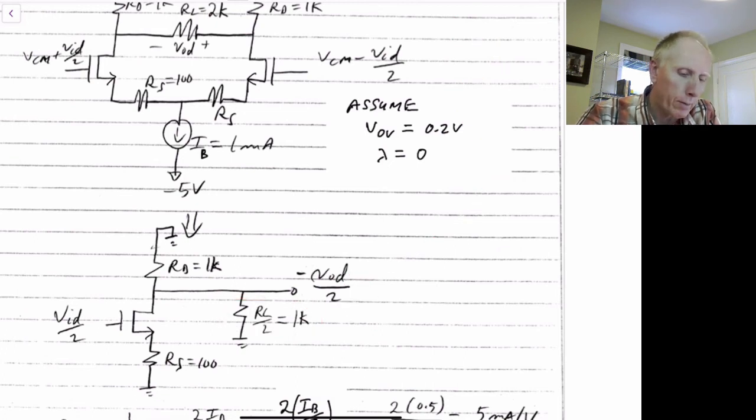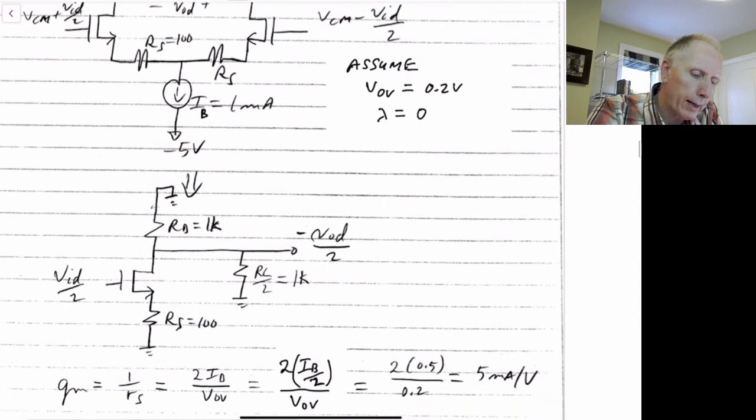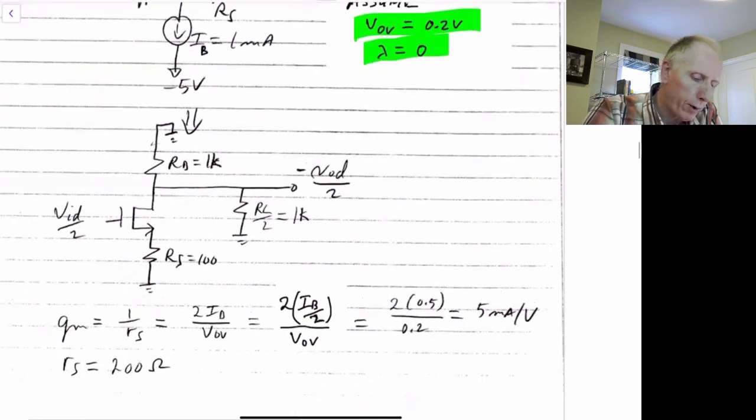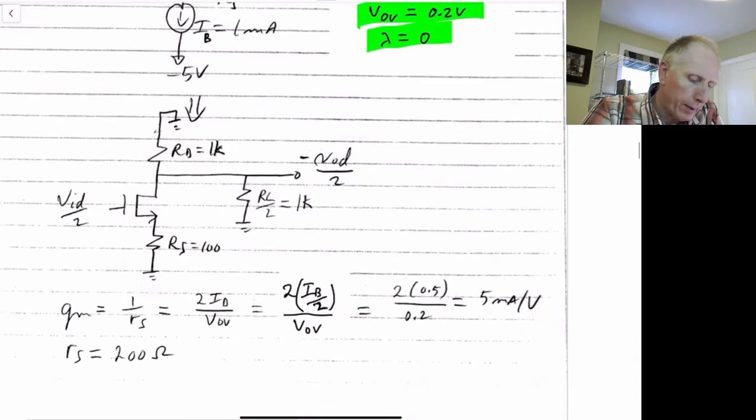So we can do our analysis on this circuit. We're going to assume, in this case, that V overdrive is equal to 0.2 volts and lambda is equal to 0. If we do the analysis, this should be straightforward for us. We end up that GM is, as usual, equal to 1 over RS. It's also given by 2 ID divided by V overdrive.